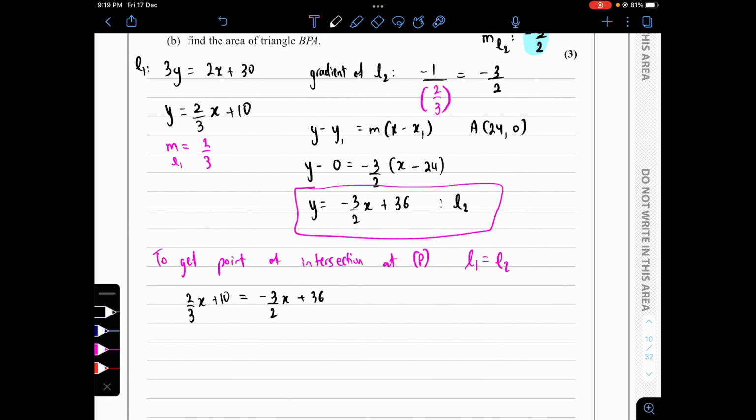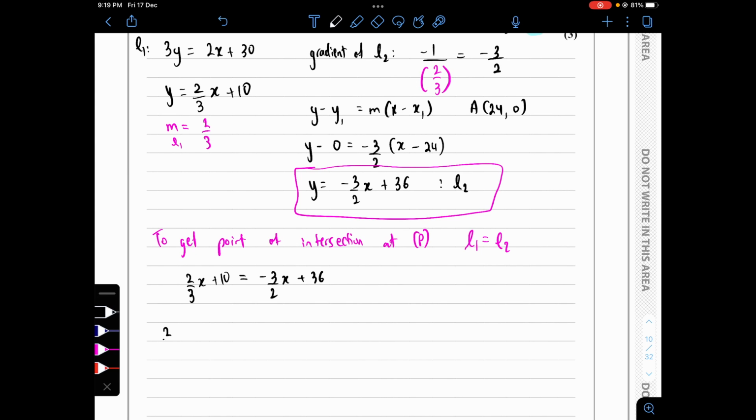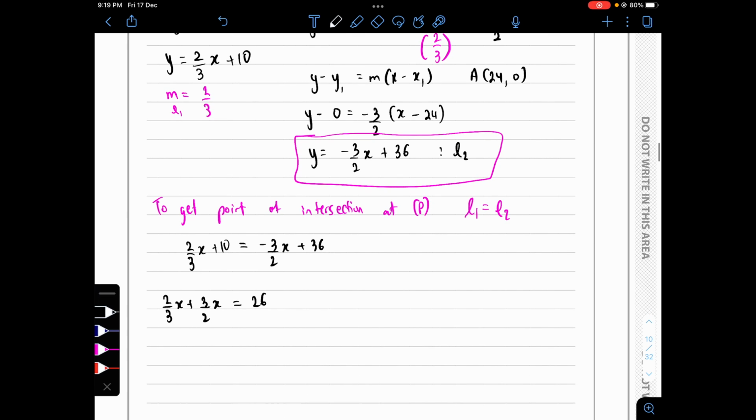So now we can just move it to the other side. We'll have 2 over 3 x plus 3 over 2 x equals 36 minus 10, which is 26. So this is equivalent to 4 plus 9, which is 13, over 6, x equals 26.